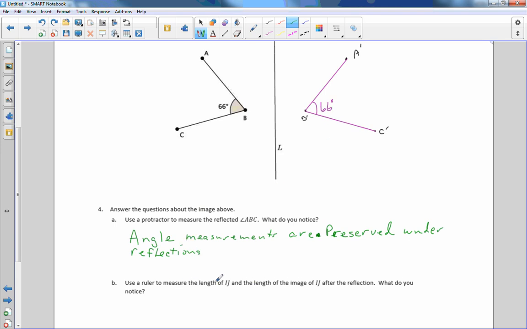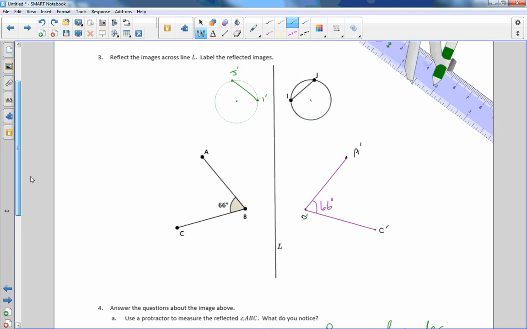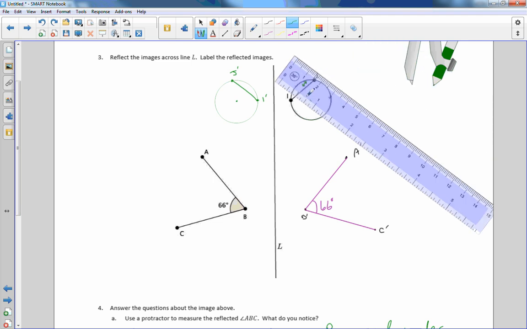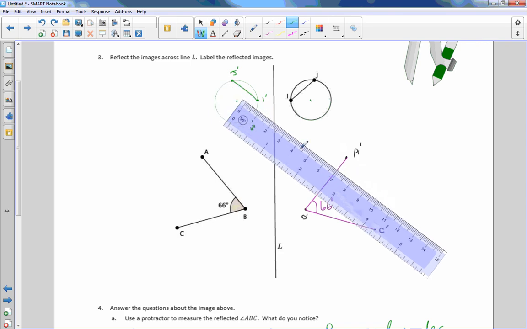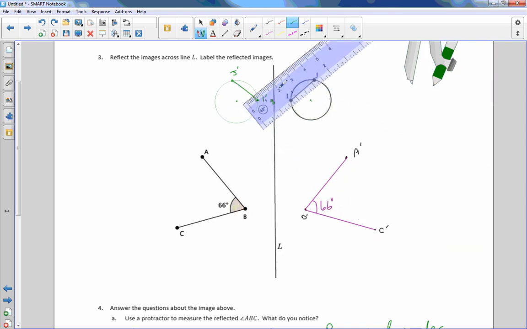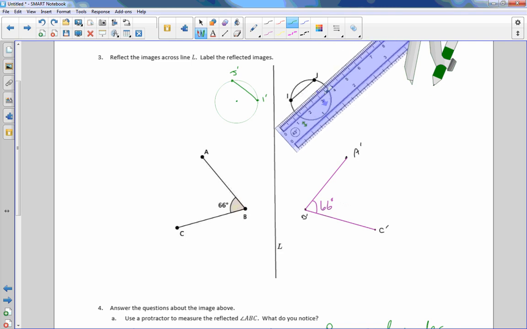It says use a ruler to measure the length of IJ and then the image of IJ after the reflection. In other words, I prime, J prime. So if I take my ruler out over here and I measure IJ, that is just shy of 2 centimeters. Looks like about 19 millimeters, 19 and a half millimeters.